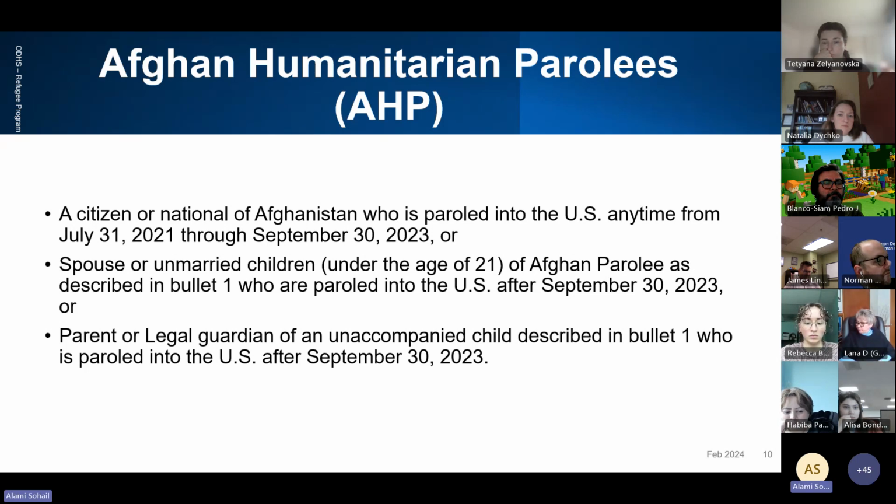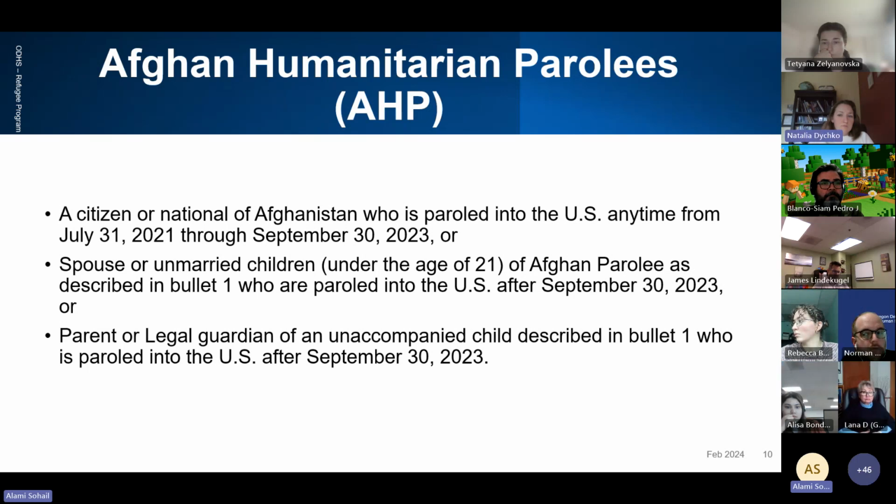And for Afghan humanitarian parolees, most of the time what you would see would be an I-94 with the codes OAR, OAW, PAR, DT, paroled. You might also see employment authorization documents with the code C11 for them. Or you can see an interim notice of parole.